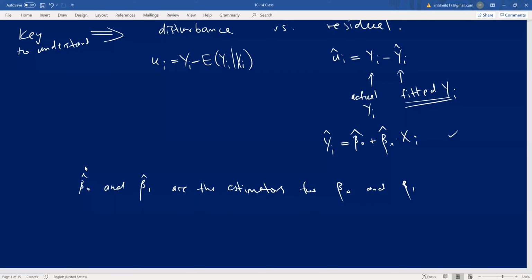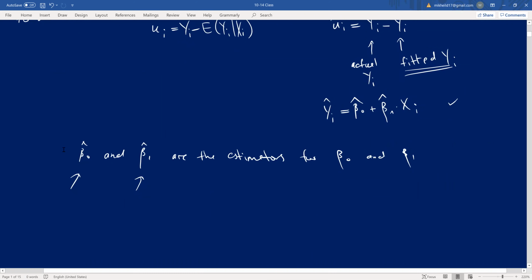But then how do we get the numbers for those? They are estimators, and they are good estimators because they are unbiased, consistent, and efficient estimators for beta 0 and beta 1. And how do you obtain the estimates?